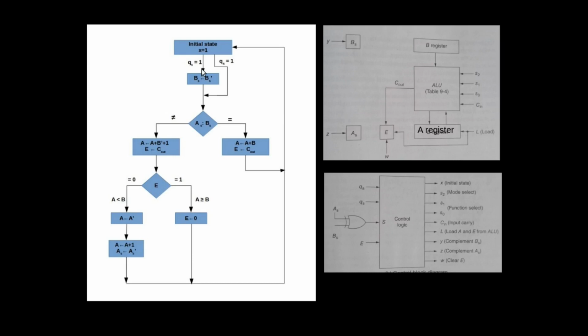So this is our flowchart. This represents the initial state. Then if QS is equal to 1, that means there is a subtract operation, which indicates we need to perform a subtract. In that case, simply complement the sign bit of the second operand, then reach this block.